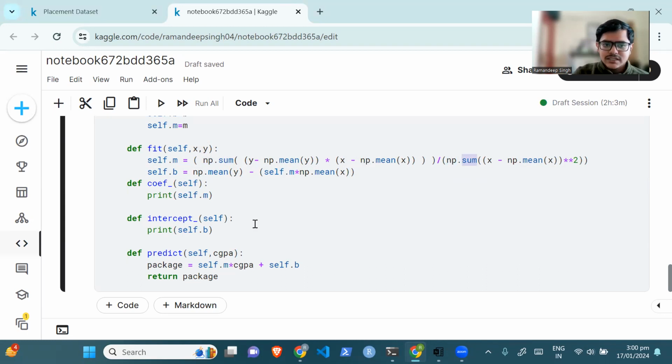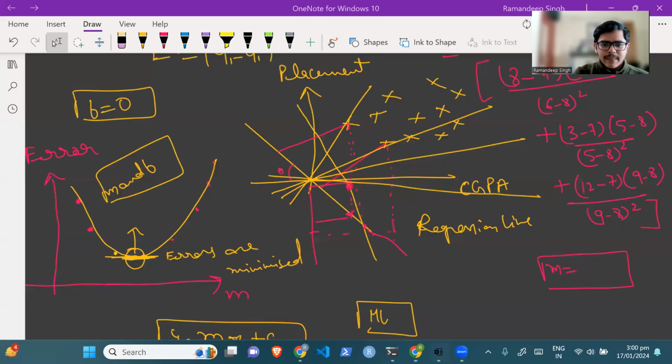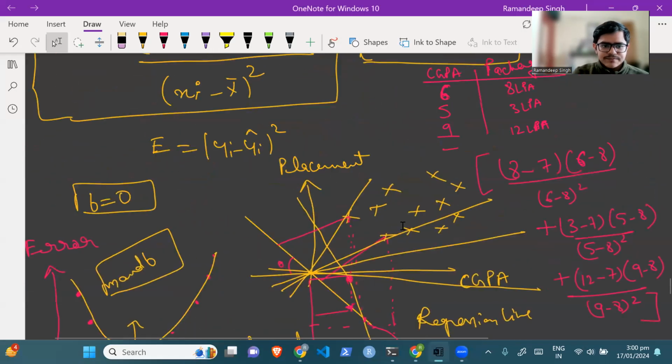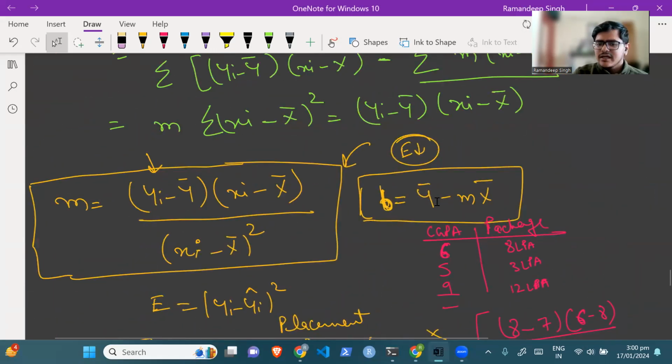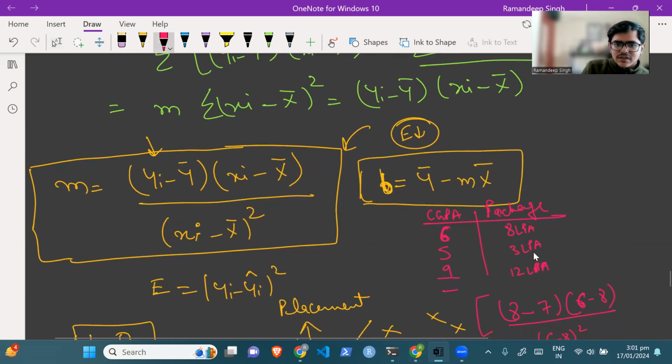Now my b, we have seen the formula, b is equal to mean of y minus m into mean of x. So suppose after calculating this formula, my m value is 1.